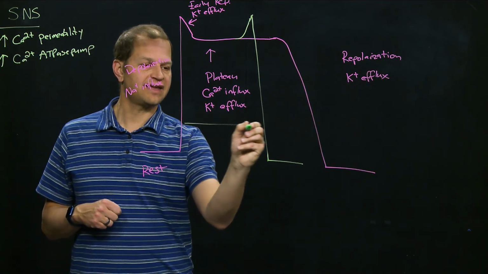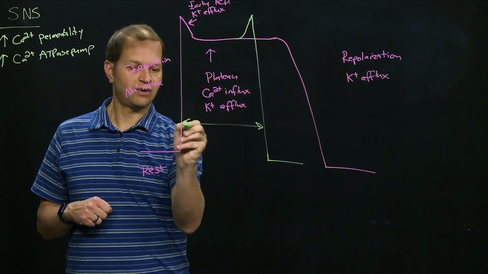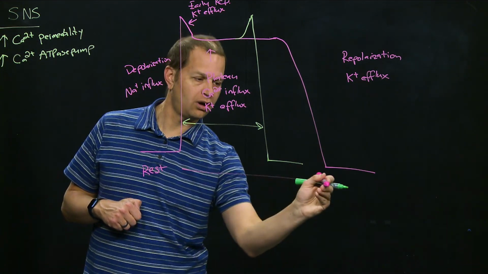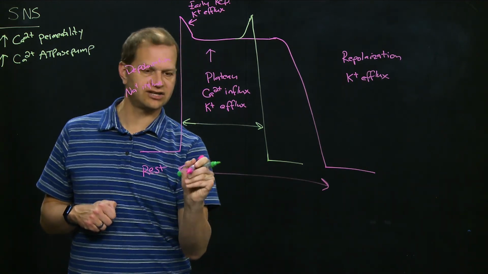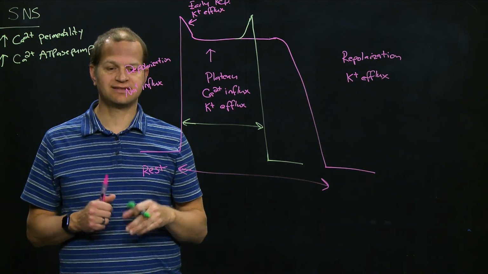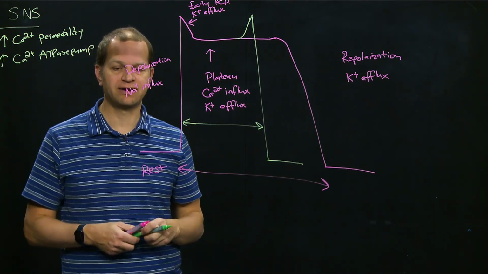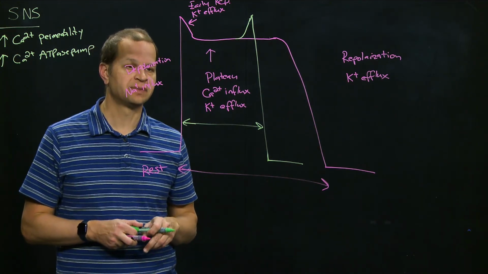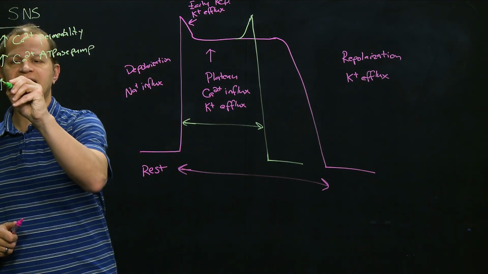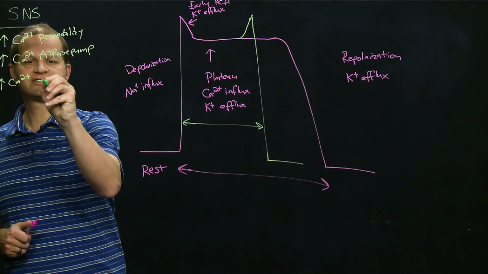The duration of the action potential is actually shorter, whereas with the original action potential, we go all the way here, so our duration is much longer. When we have a sympathetic response, I think the action potential looks like an owl or Batman or something like that.